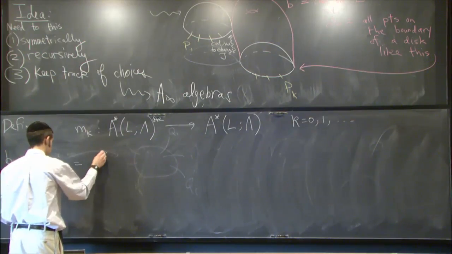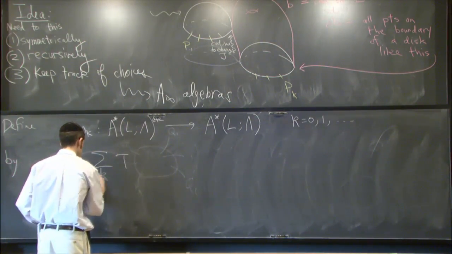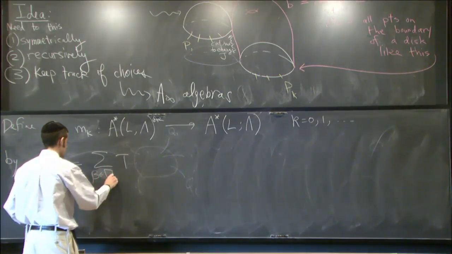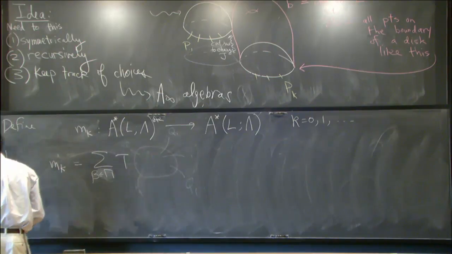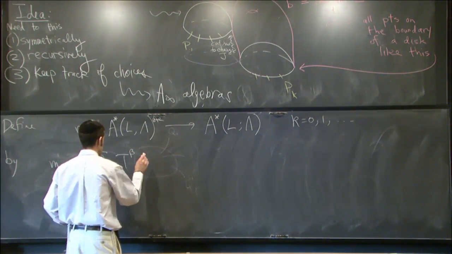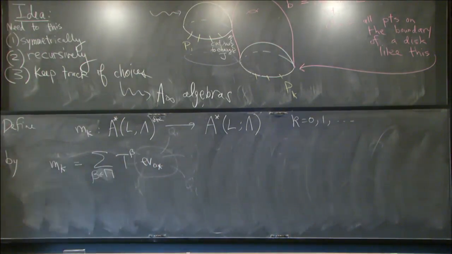It is equal to the sum over k, sum over beta in pi of t to the beta, and now there has to be an additional decoration here for the notation to make sense.